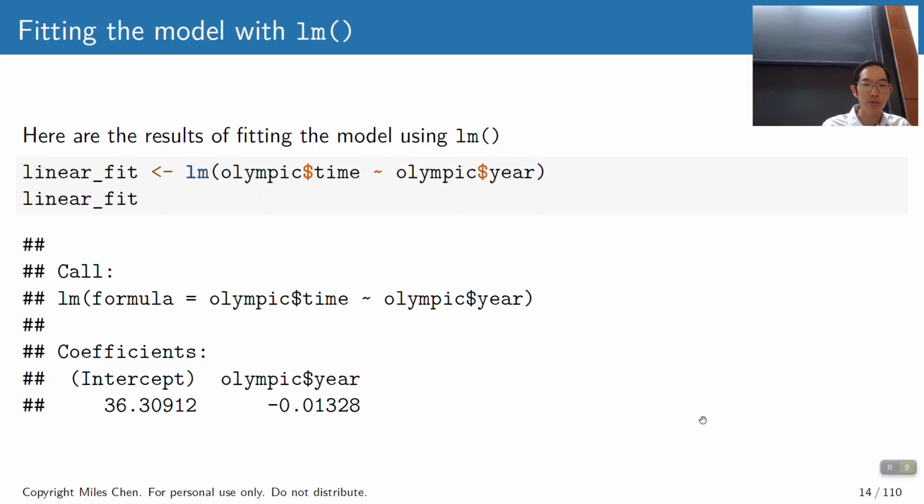I can cheat and peek ahead and ask what my intercept and slope should be. I take the time column and predict it using the year column with LM, and the result says the intercept is 36.3 and the slope is negative 0.01328.